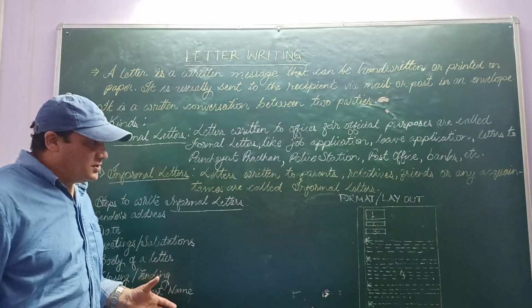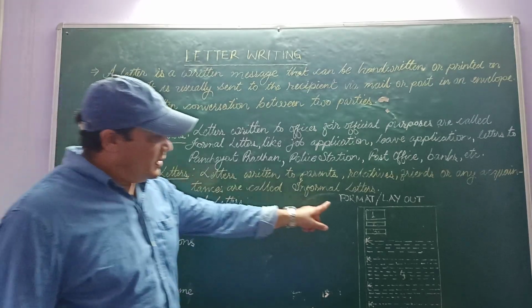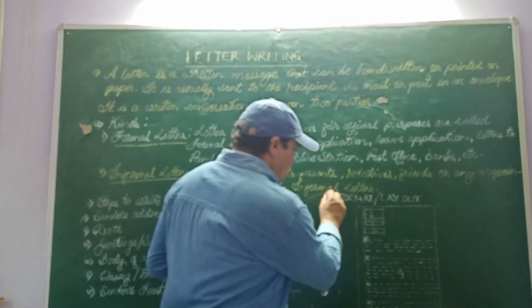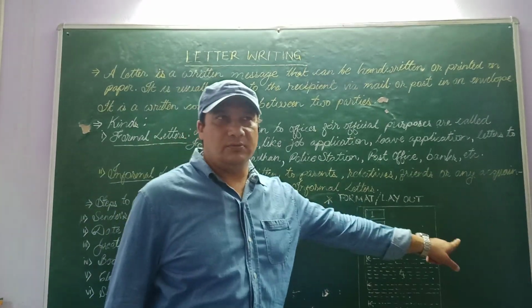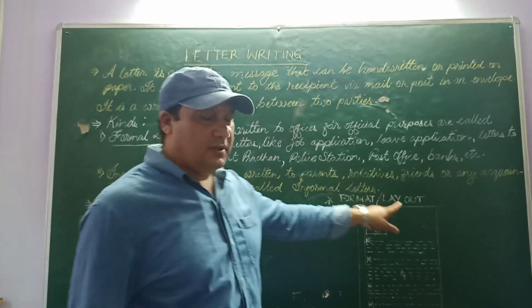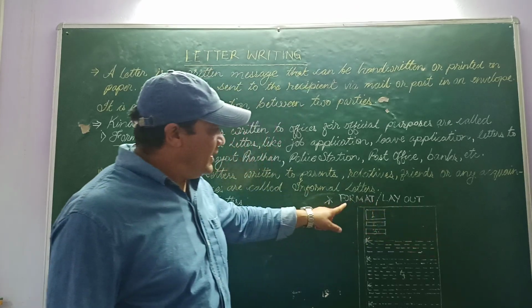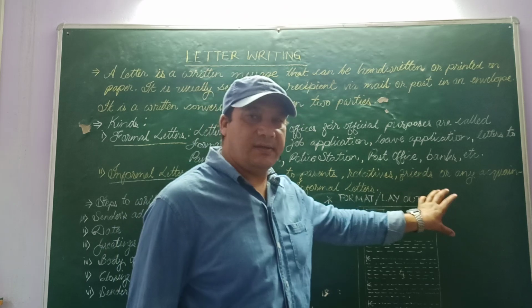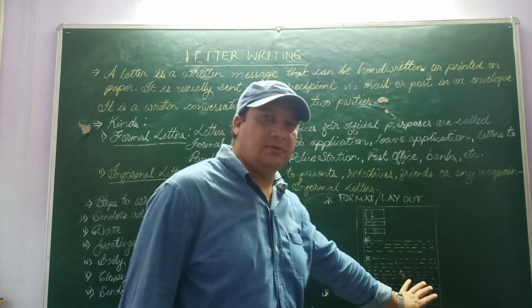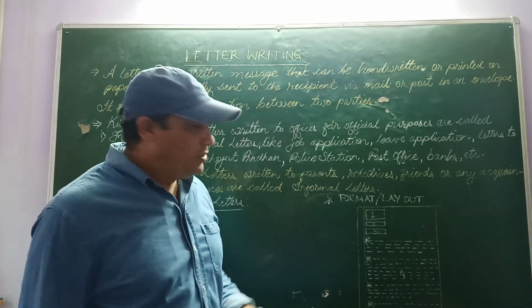So try to see this. Now the next thing that we talk about is format or layout. We call it format of writing informal letter or layout of writing informal letter. That means how do we write an informal letter on paper? This is what we are going to discuss.